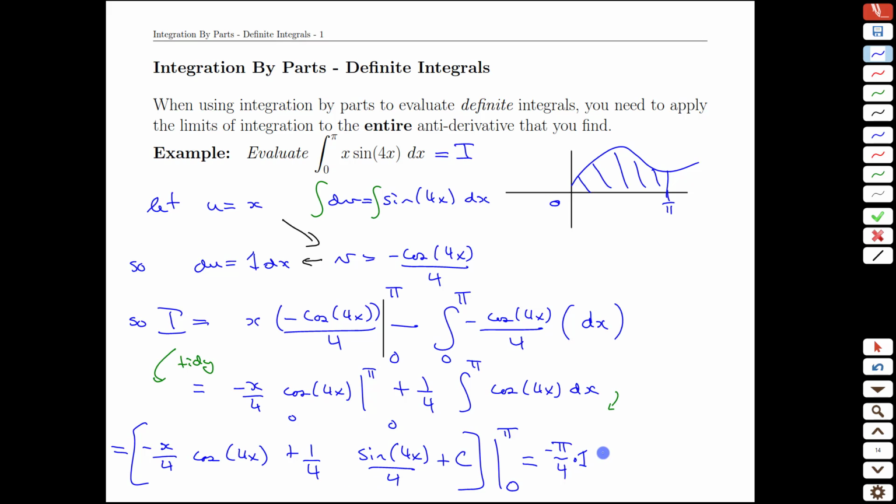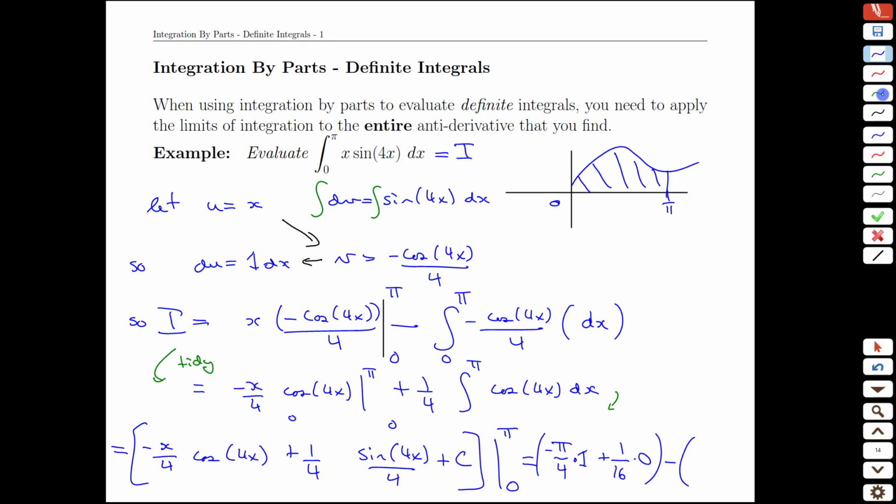Plus 1/16 sine of 4 pi, but sine of 0 is 0, sine of 4 pi, 2 pi, all those multiples are also 0, so that's times 0. And if you want, you can do the plus c, but we also know it's going to cancel on the other side.